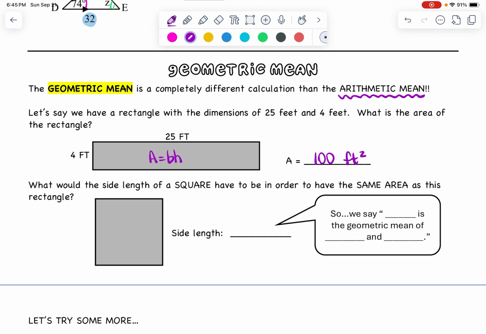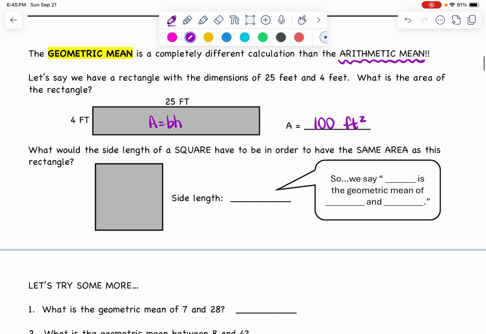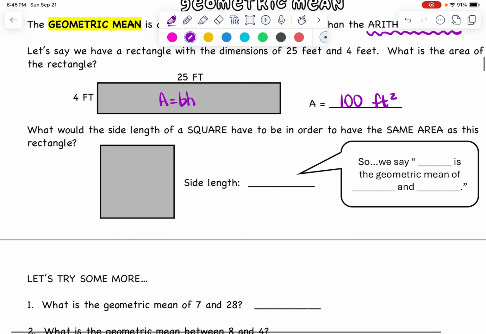So what we actually are talking about when we do geometric mean is what would the side length of a square have to be in order to have the same area as that rectangle that was 4 by 25? Well, the rectangle had an area of 100 square feet, and so does this square. So what would the side lengths, let me put little question marks instead of X's, right?